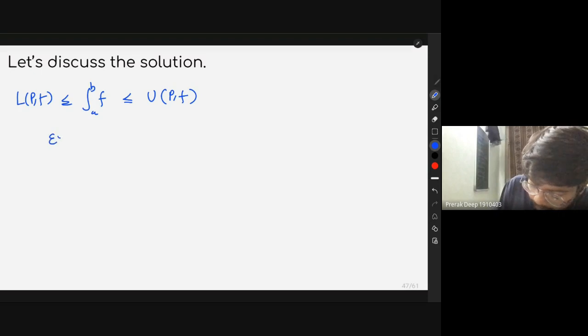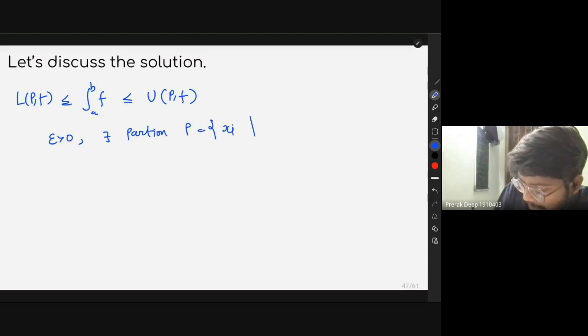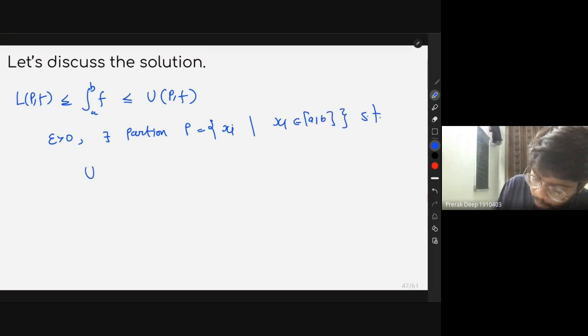So for epsilon greater than zero, one can find a partition P such that U(P,f) or L(P,f) will be important in this case.